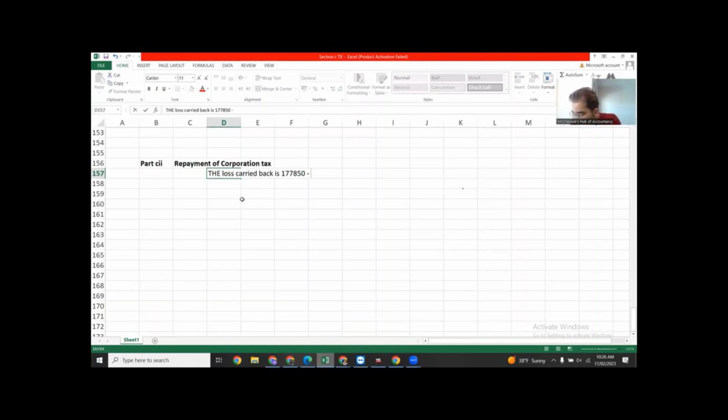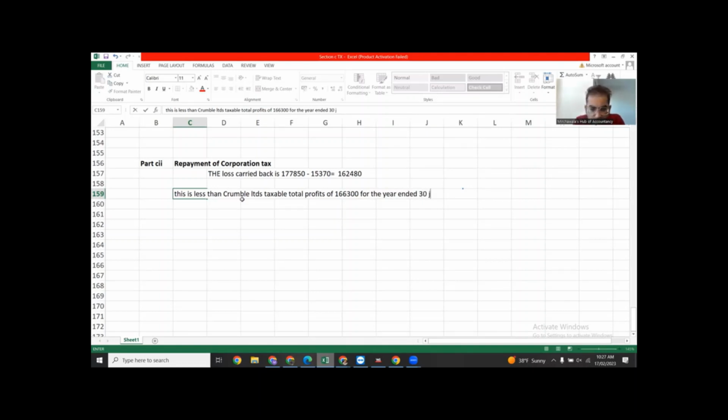Minus 15,370. This amount of loss will be carried back. Now, this is less than Crumble Limited's taxable total profits of 166,300 for the year ended 30th June 2021.